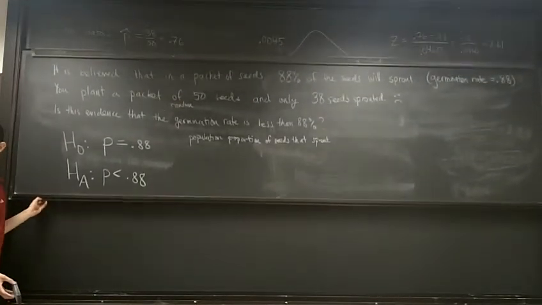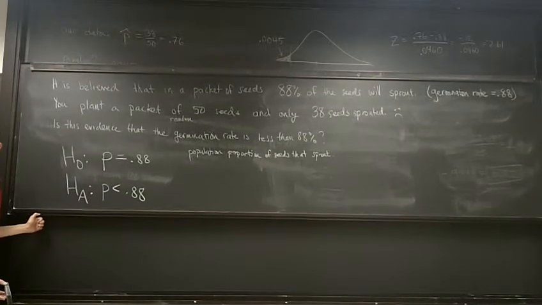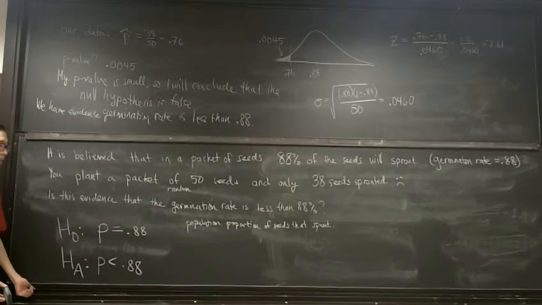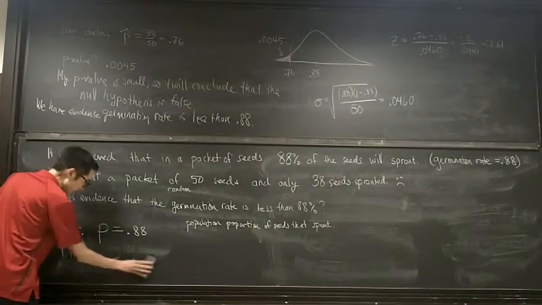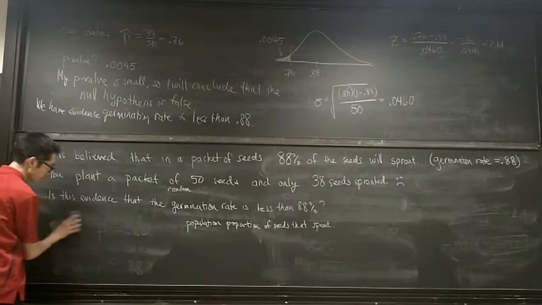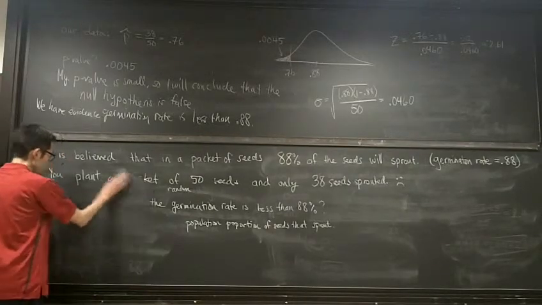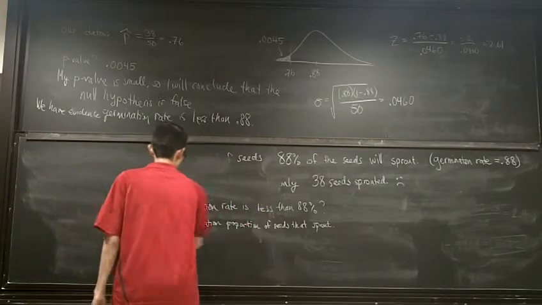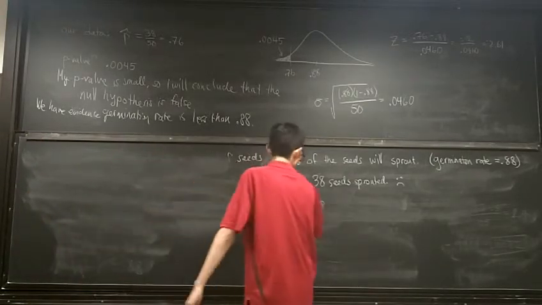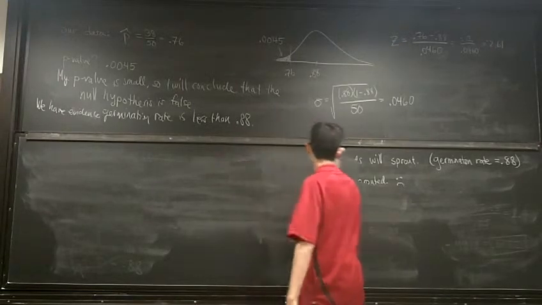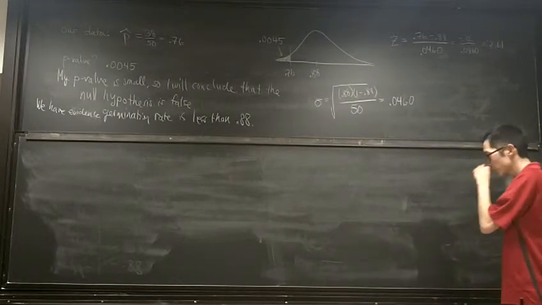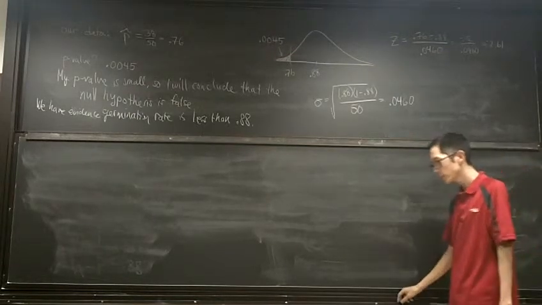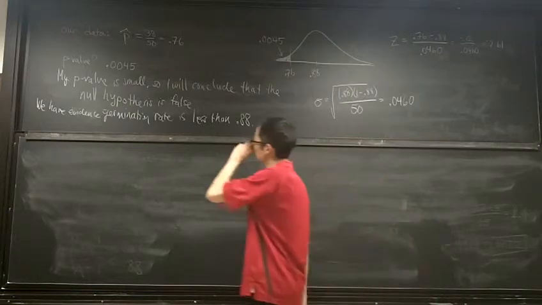What would the p-value be if we want to say that we don't have evidence? Yeah, so this is a good question. What should our p-value be for us to say we're not ready to reject the null hypothesis?